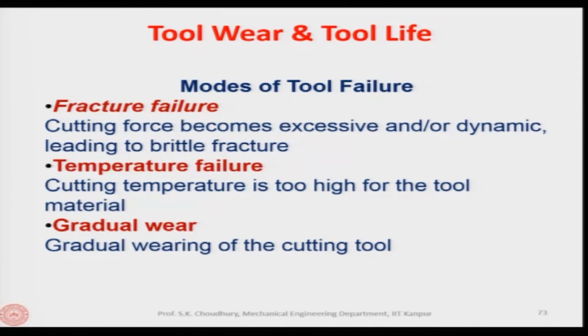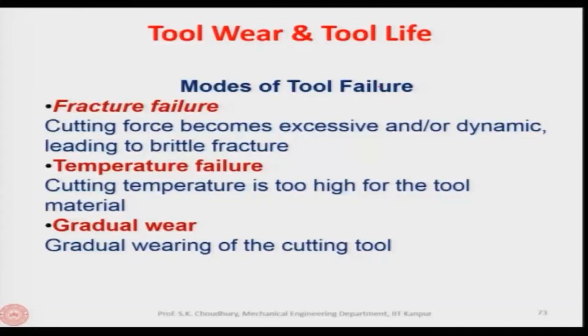All these properties make the tool material very expensive, and therefore we cannot afford to have the tool wear very fast. If the tool wears out very fast, we incur a lot of cost on machining, and the end product will be very costly because the tool wears out and we are making expenditure on the tool.